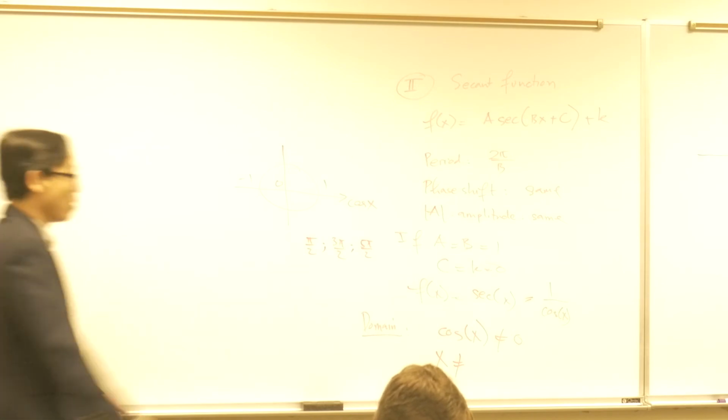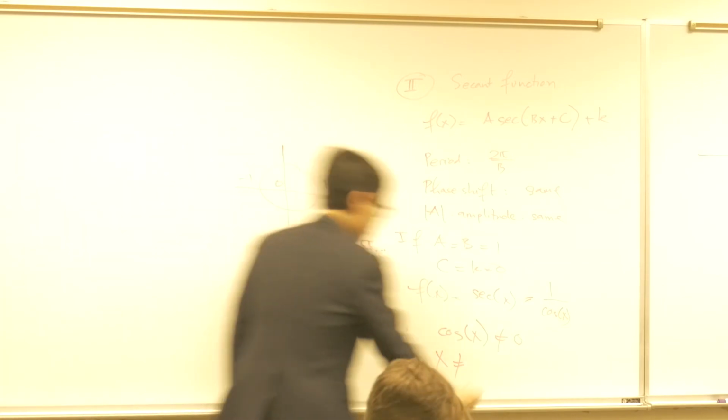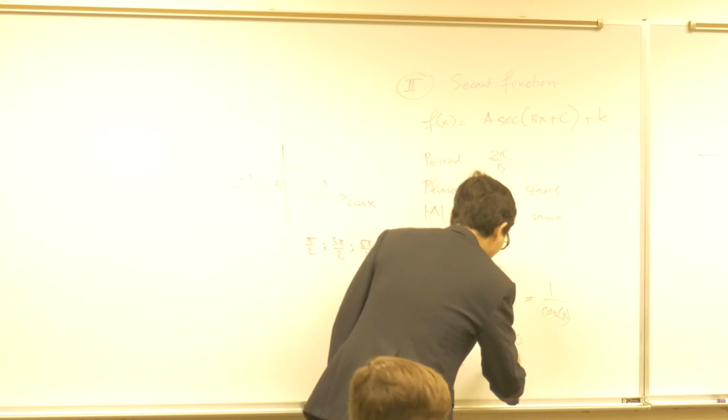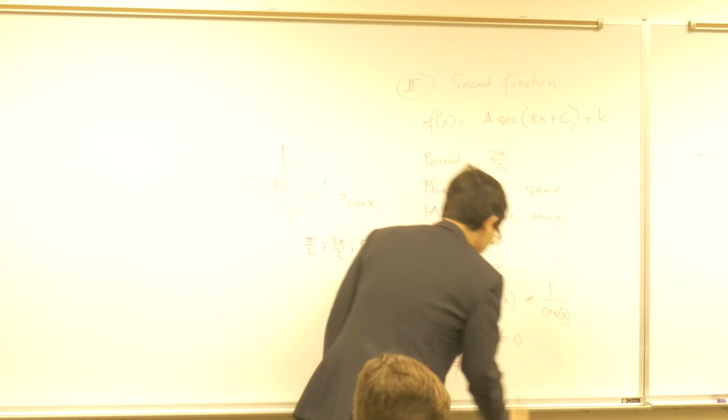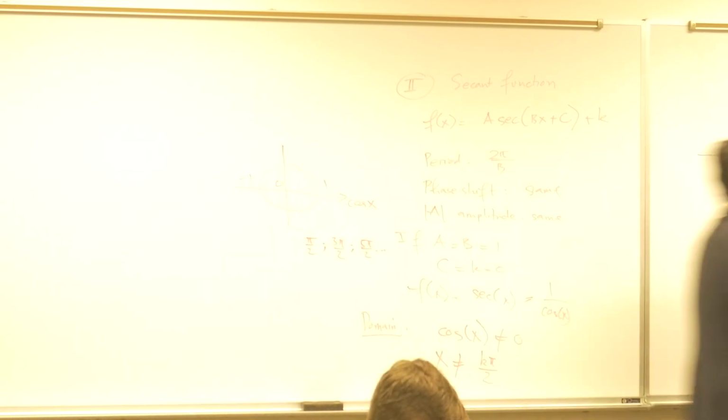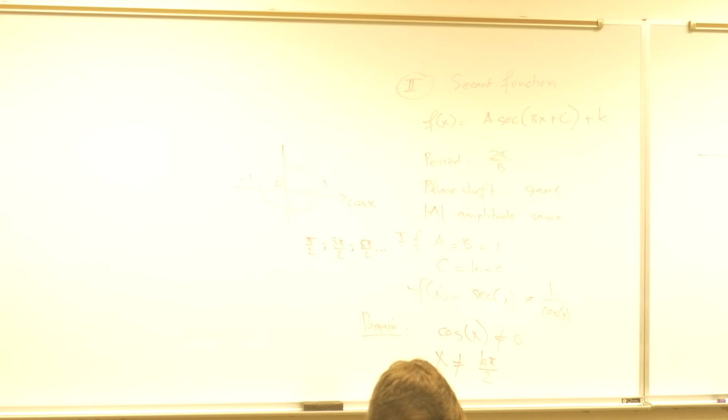So in general, I can write it as x different from k pi over 2, meaning different from pi over 2, 3 pi over 2, and so on.